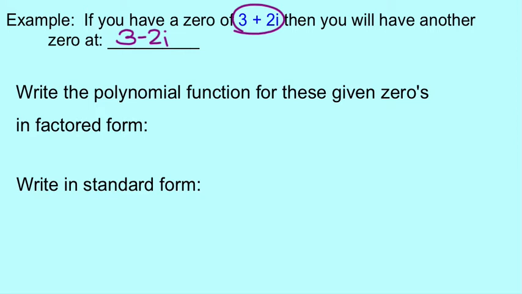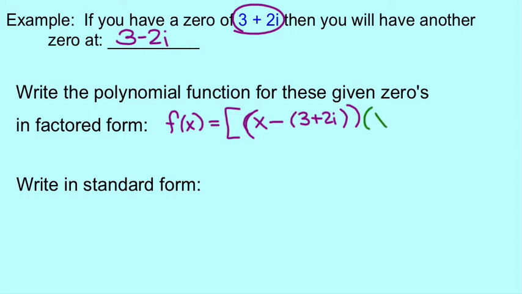Now we want to go ahead and write down what is the equation for this in factored form. So f of x equals, and now we write it in factored form, you have to think opposite, x minus (3 plus 2i) and x minus (3 minus 2i).